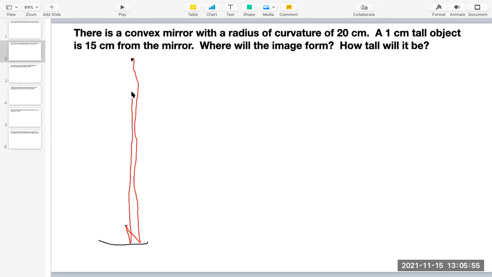These paths are the same distance, because one path makes you go a little farther out to the side, but the mirror curves upwards a little bit. So those actually work out to be the same distance.